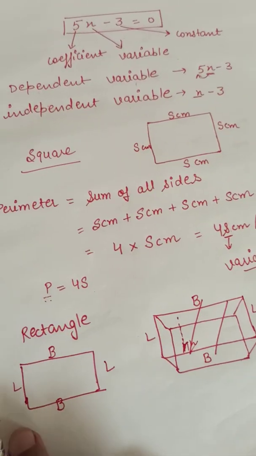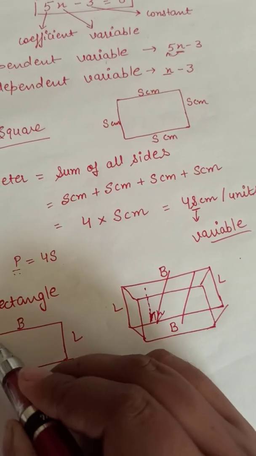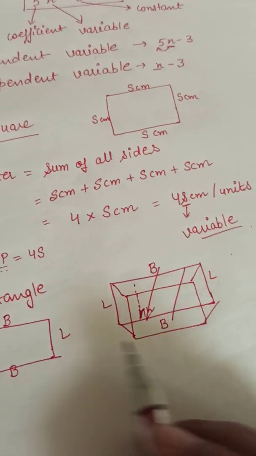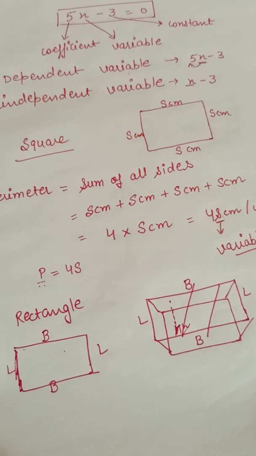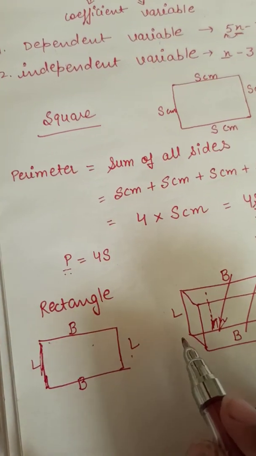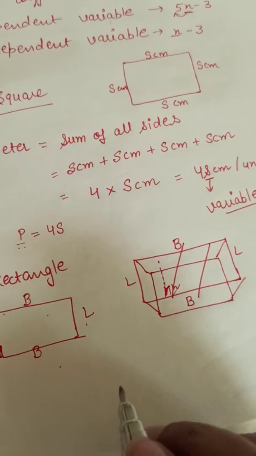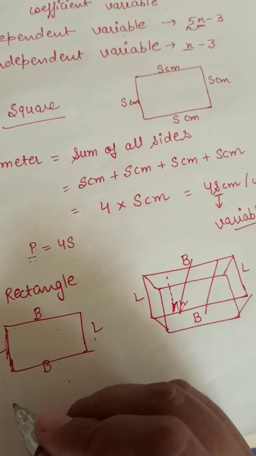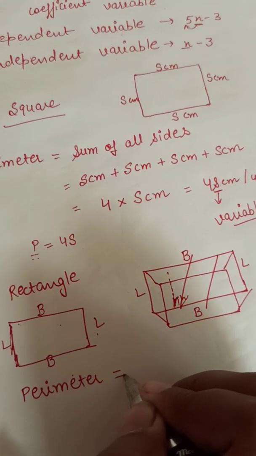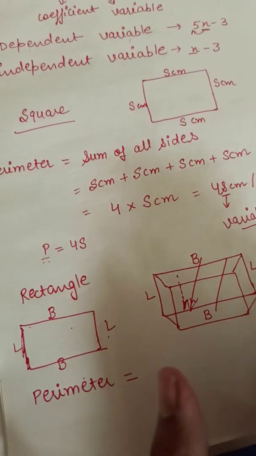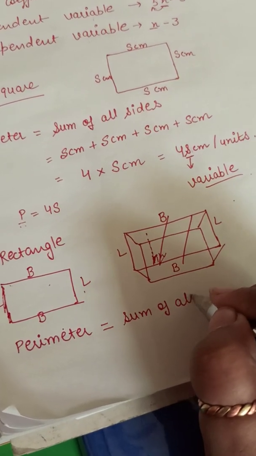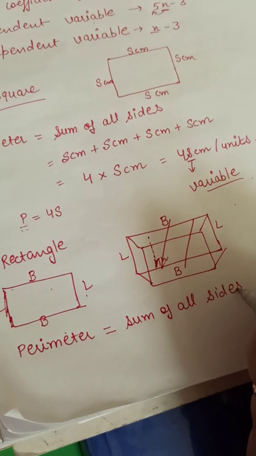See, suppose this is the room. In this room, this part will be the length, the long one, and this is the breadth. So for length we will use L and for breadth we will use B. Now again the formula of perimeter. The formula of perimeter is the same in every condition. Perimeter simply means the sum of all sides, right?